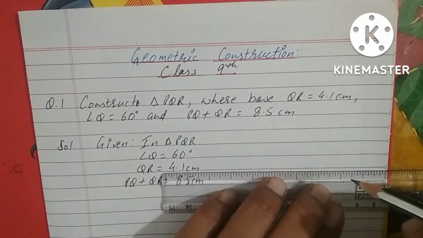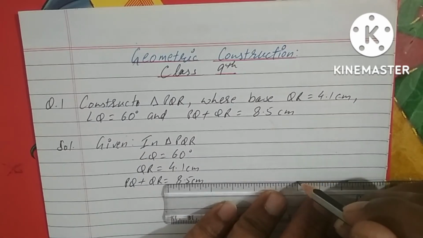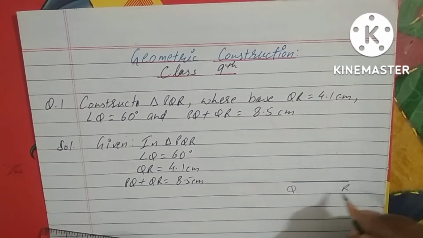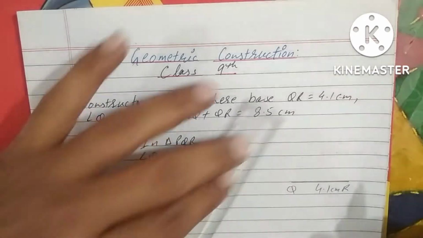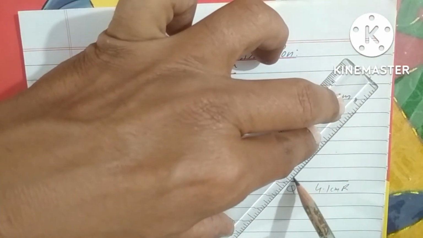Fine. So first I'm going to draw a base where QR is 4.1 centimeters. This is a rough figure, so I can take any measures. Then I'm going to make two lines like this.